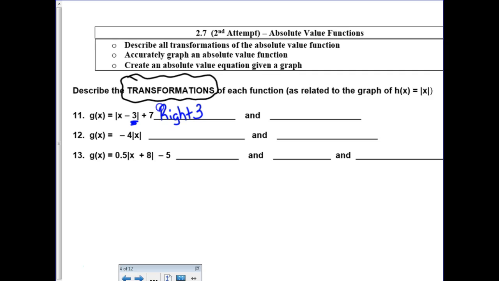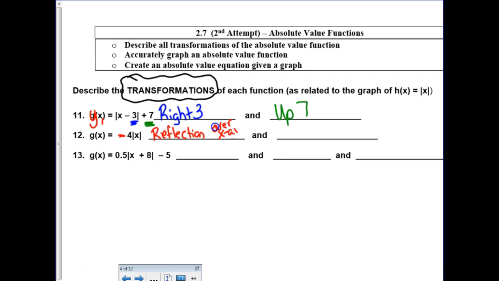Now remember guys, you have a graphing calculator. If you are a little confused, you can always go to Y1, type this in your calculator and look at the picture and you'll see what the shift is. And then plus 7 off to the side is a vertical shift of up 7. So this next one, they put a negative in front. That's its own transformation. That is called a reflection over the x-axis.